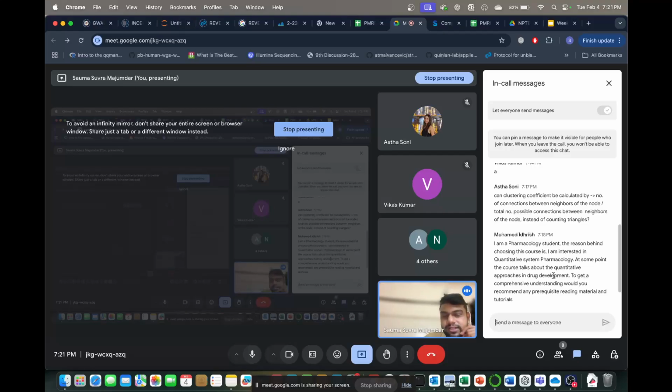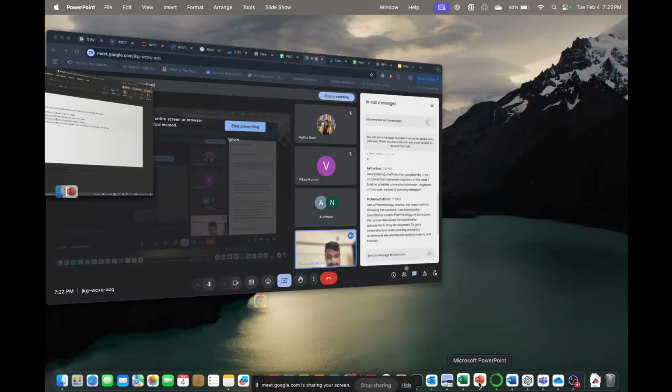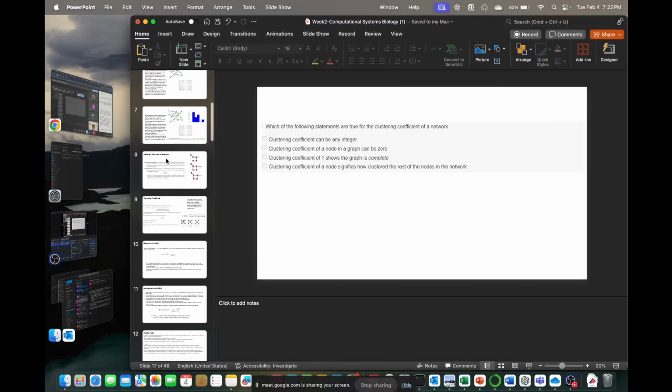No, not actually. So this question about the clustering coefficient, I don't think it translates to the same. I have to see the mathematics behind it, but I don't think it translates to the same. Because I'll just quickly go back to that clustering coefficient slide.